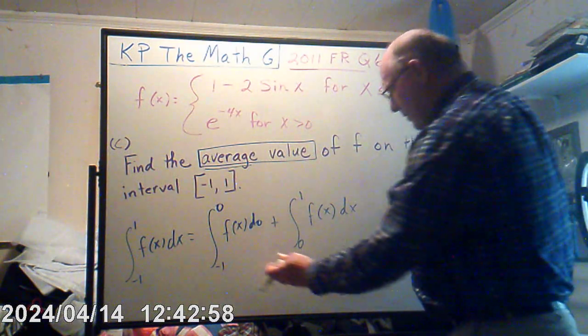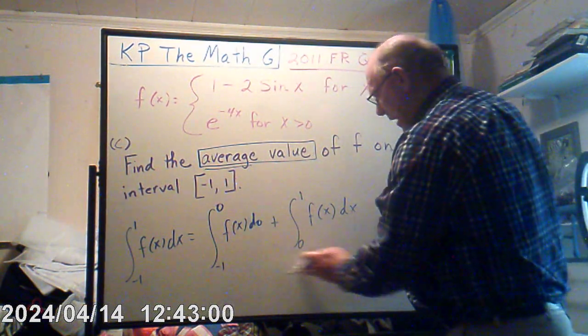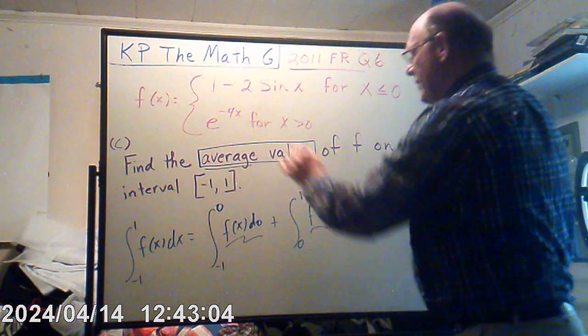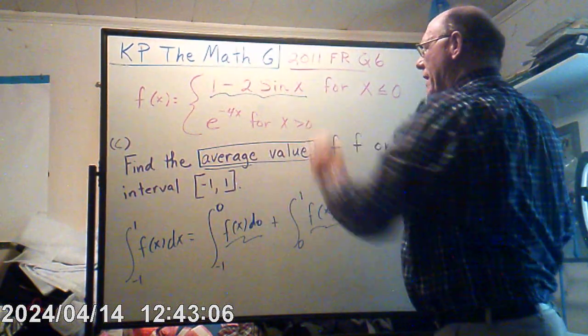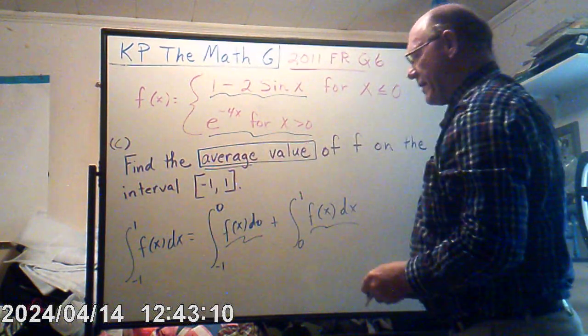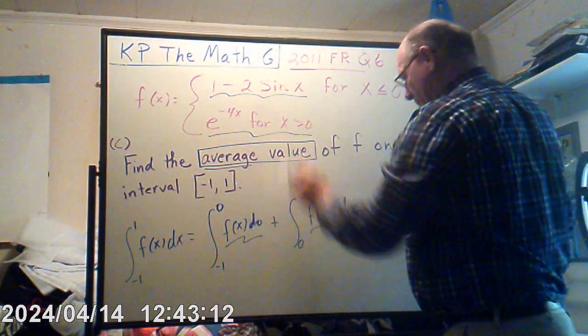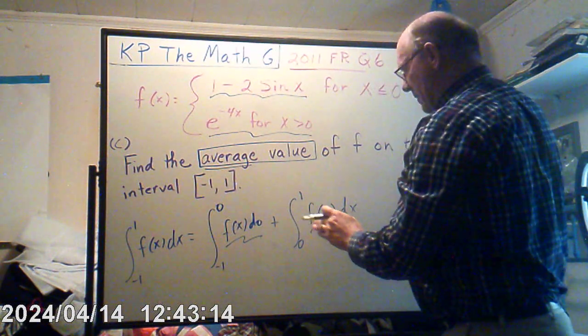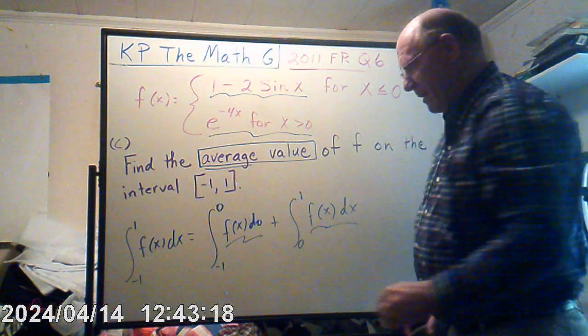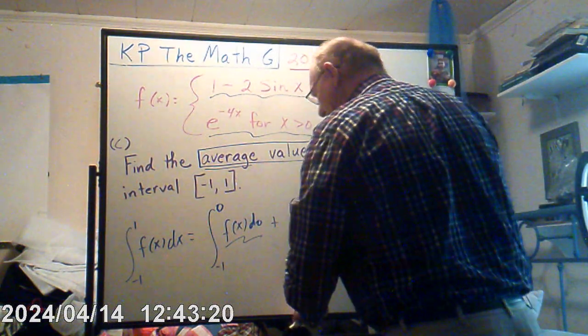Okay, so that's what you have to do. Alright, so let's see, this first f at x is this portion right here, and then the second part from 0 to 1 is greater than 0. So from 0 to 1 we're going to use e to the negative 4x. So really and truly, this is what we have.